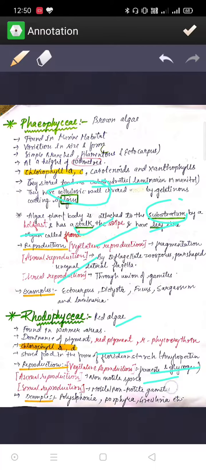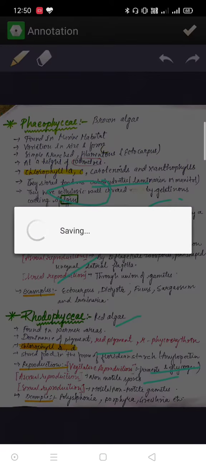Motile and non-motile gametes means oogamous type of reproduction. Examples we know are Porphyra and Gracilaria.